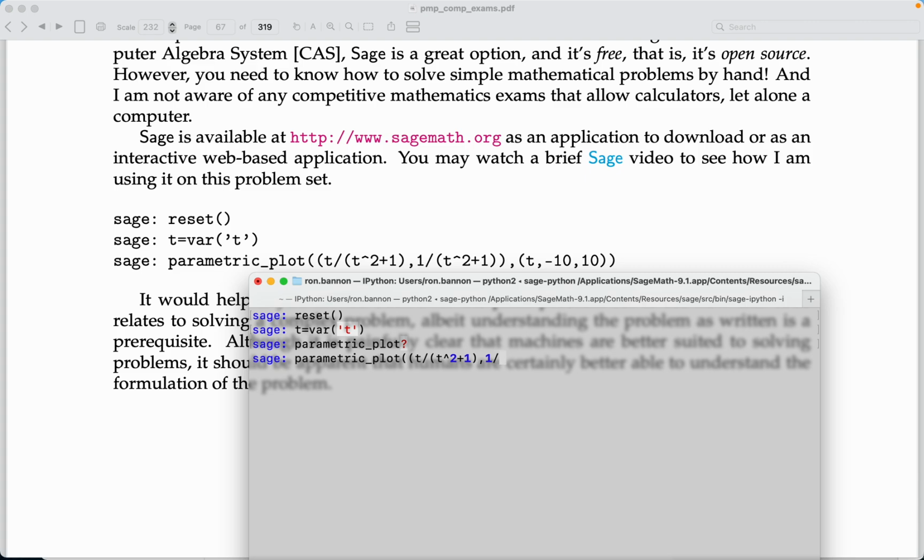The y-coordinate is 1 over the quantity t squared plus 1. And I'm going to let t go from minus 10 to 10. You can play around with this if you like. Hit the return. Whoops, I must have made a mistake somewhere.